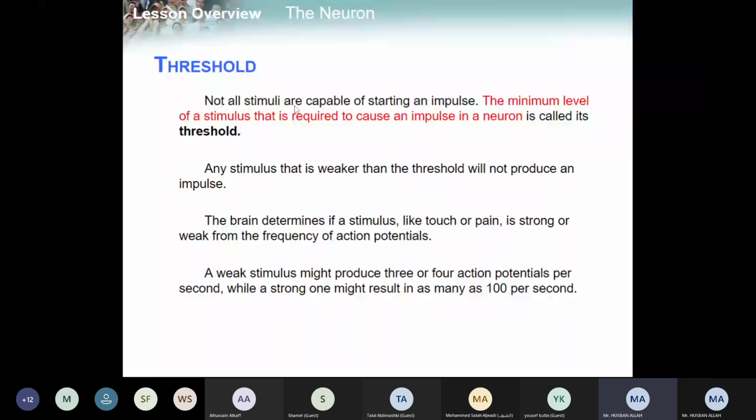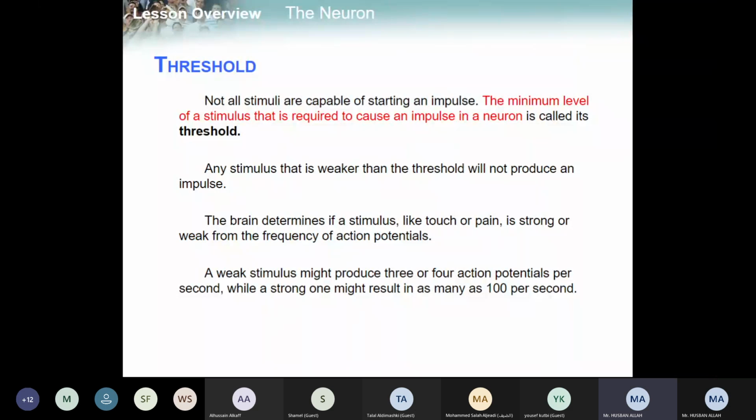Not all stimuli are capable of starting an impulse. The minimum level of stimulus required to cause an impulse in a neuron is called the threshold, or we can say threshold frequency.